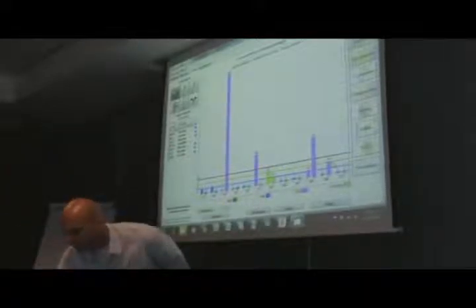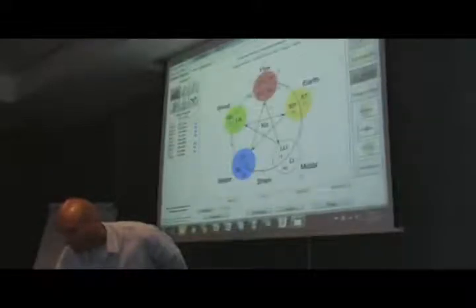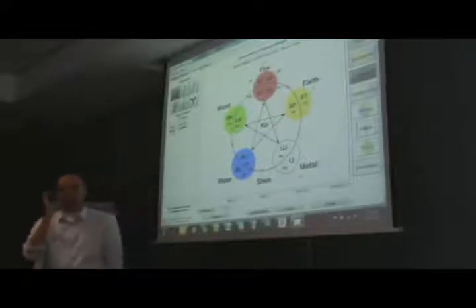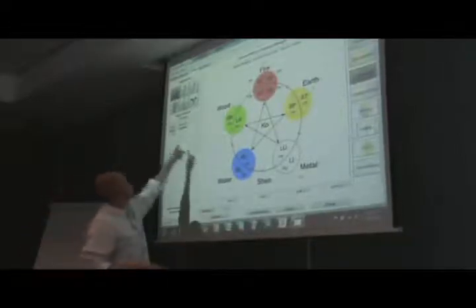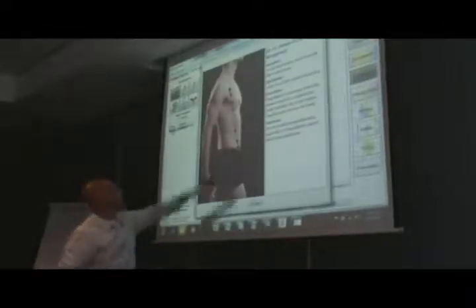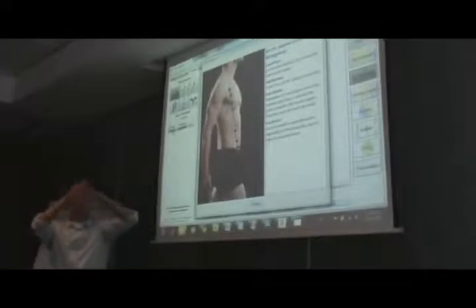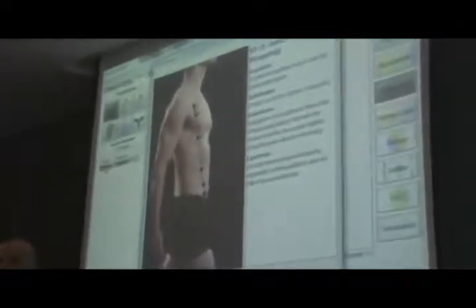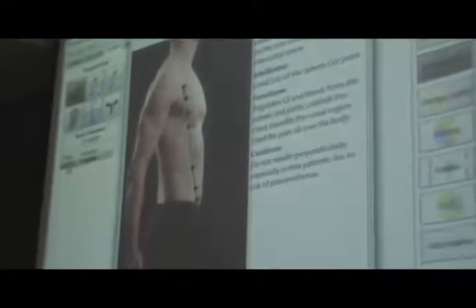Now, what is really amazing is if you go to the 5 elements and you want to normalize, it says you can push 1 point, spleen 21, find it over here, and everything comes into the Ke and Sheng cycle. That's what I told you a couple of minutes ago.